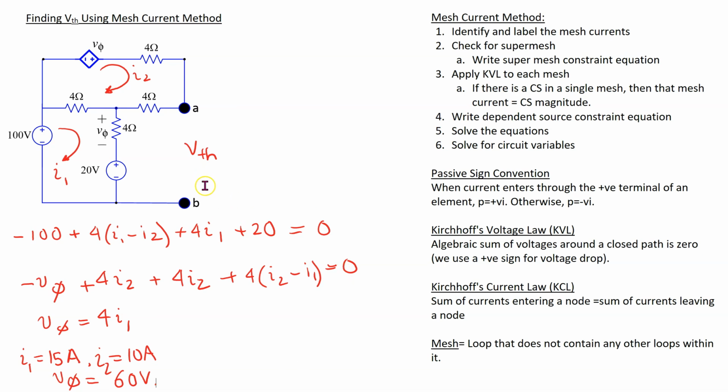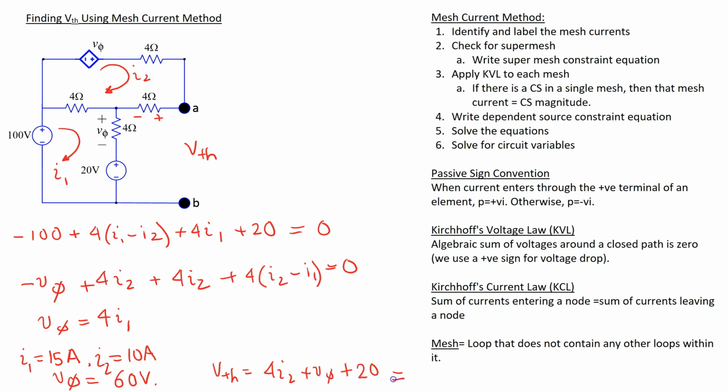However, we still have to find the voltage V Thevenin. This can be done by assigning this polarity to the voltage drops. Now applying Kirchhoff voltage law to this path, we can see that V Thevenin is the voltage drop across this 4 ohm resistor, which is 4I2 plus V phi plus 20.